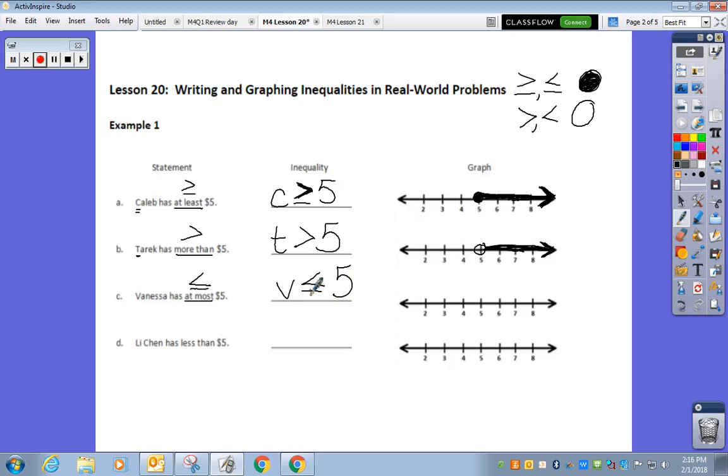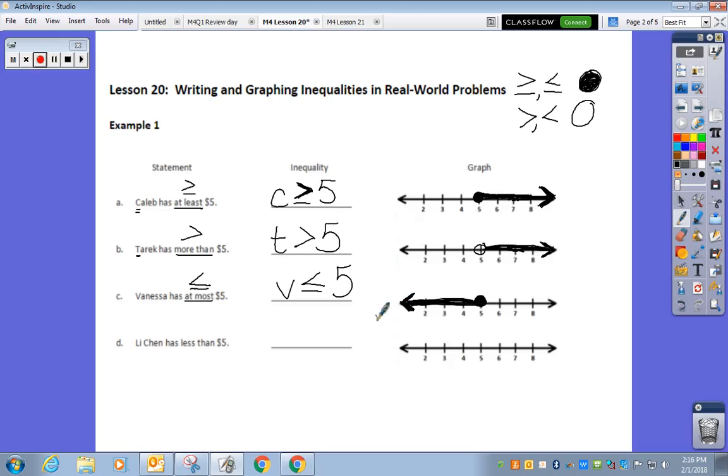Since we have that line underneath, that means at 5 we would fill in. I'm going to shade anything to the left, or less than that 5, and so on. This could mean negative amounts because she could owe people money. That is a possibility as well, so it is okay to shade further down the way.